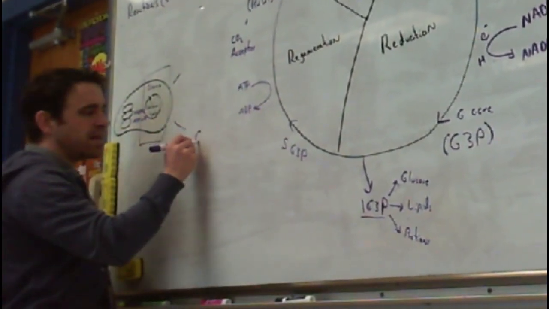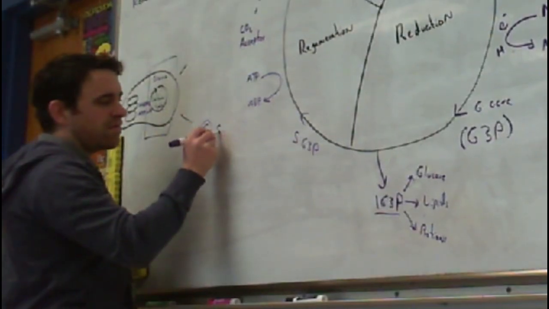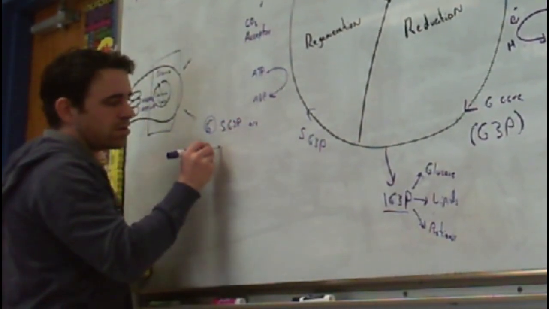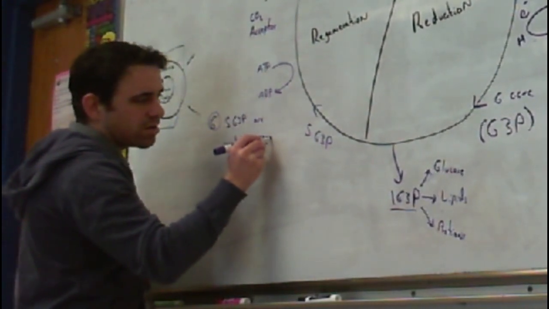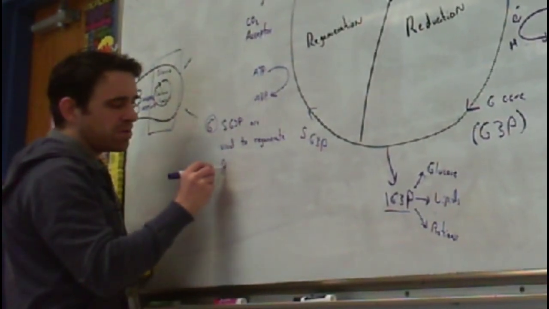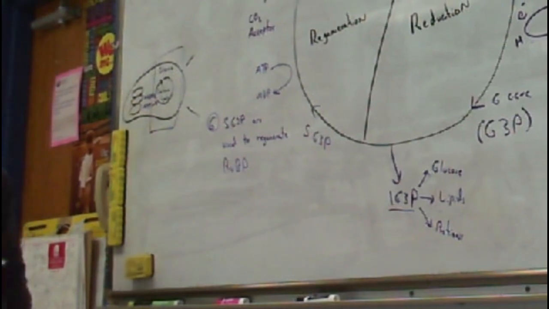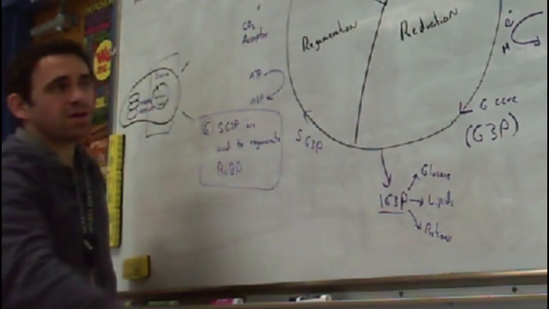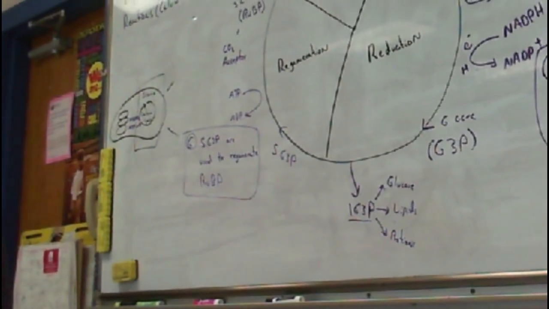So if you want to add it in step 6, 5 G3P are used to regenerate, hence the name, RuBP, to start over again. So it starts where it ends. That's why it's a cycle. So those 5 that we kept after 3 turns of the cycle are actually going to regenerate RuBP to keep the whole thing going.